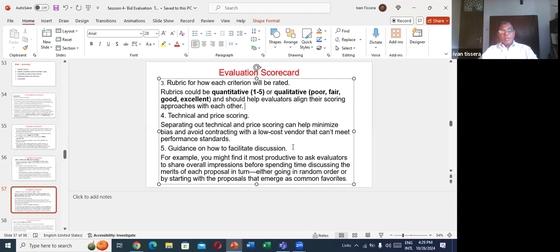For example, you might find it most productive to ask evaluators to share overall impressions before spending time discussing the merits of each proposal, in turn, either in random order or by starting with the proposal that emerged as a common favorite. So that is also a methodology.